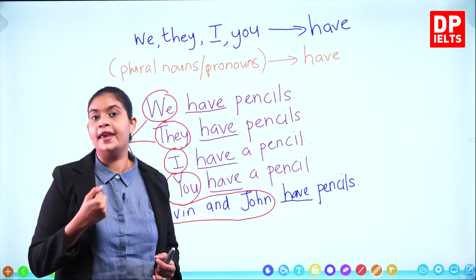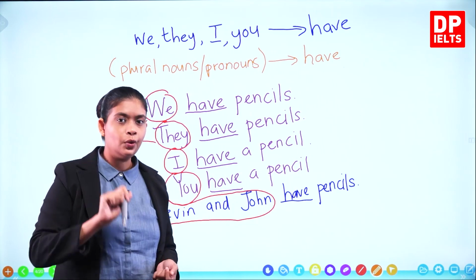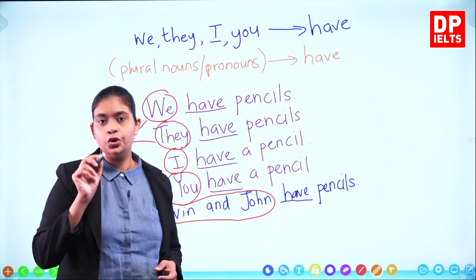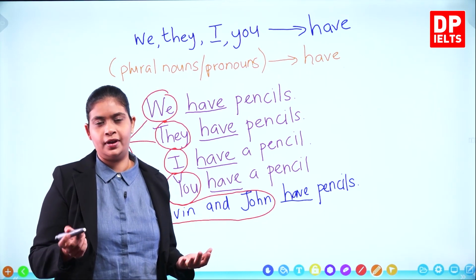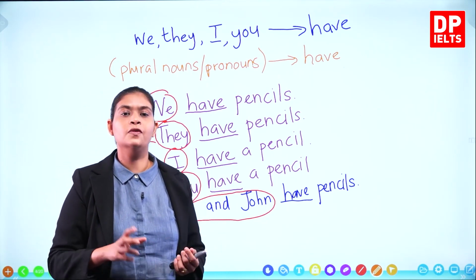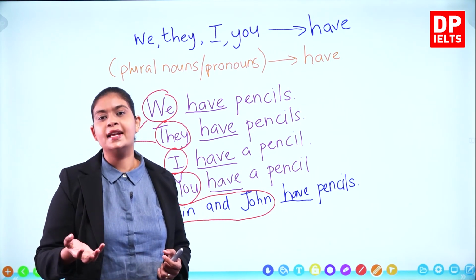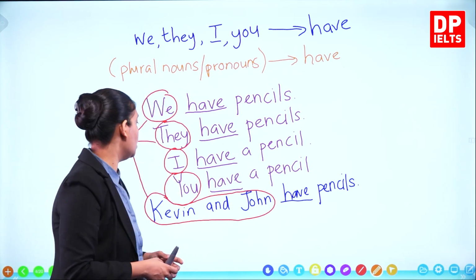Everything is I have. You have a book, you have a pen, you have a pencil, right? So those ones, even though you means singular, it acts like a plural pronoun.